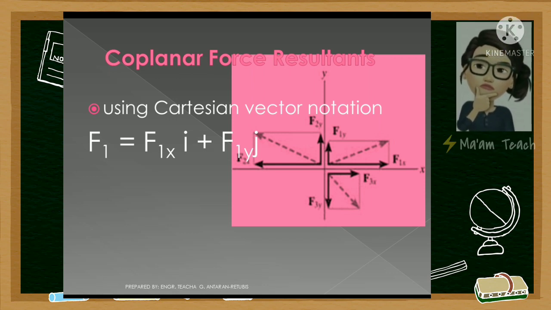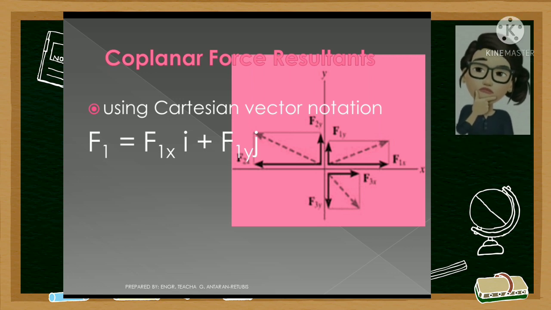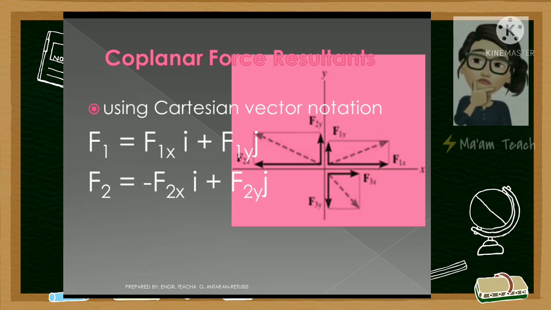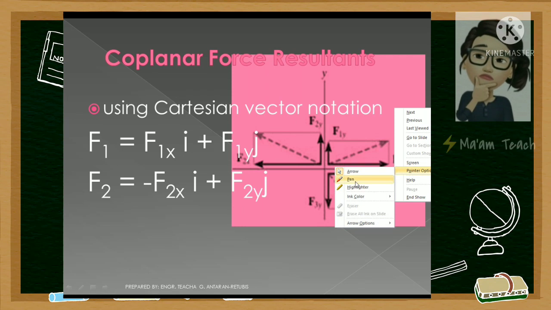You only have to solve for the x and y components of each force and then put them in the format. The same with F sub 2. Take note, class, that our F sub 2x is negative. Why is that so? Look at this part right here.